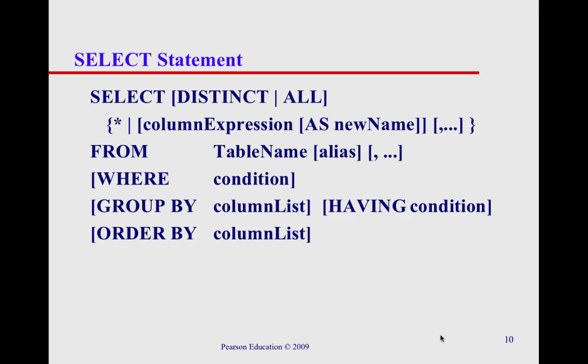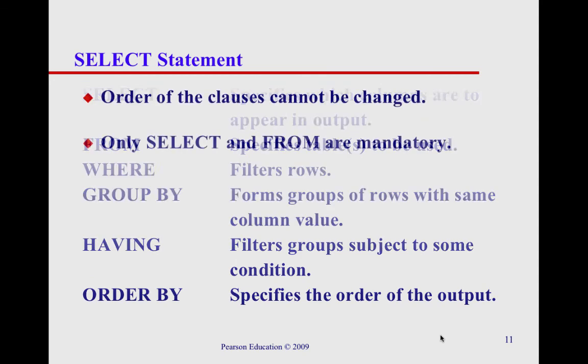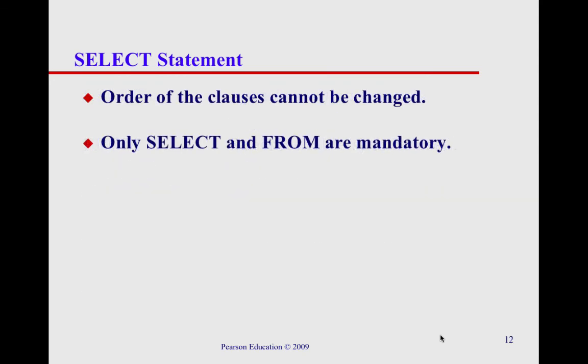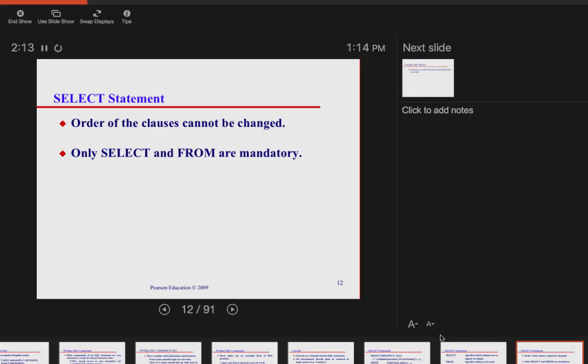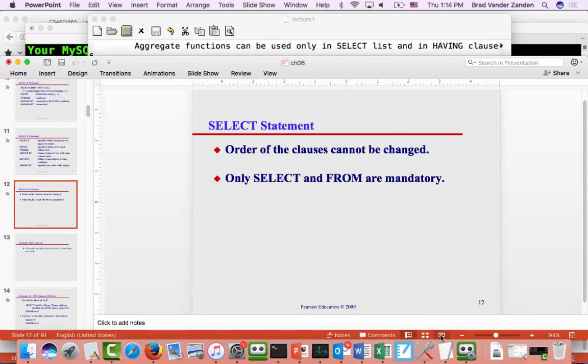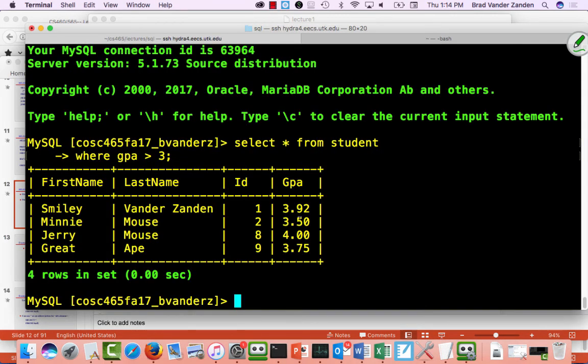Not a big deal. You'll get used to that. Only the select and the from are mandatory. So in fact, what I'm going to do now is start running through some examples, because I think it's just more interesting to look at examples than it is to see a whole bunch of slides.